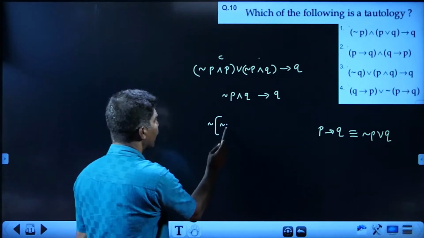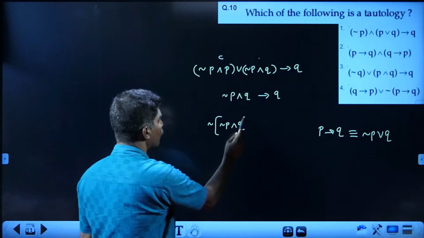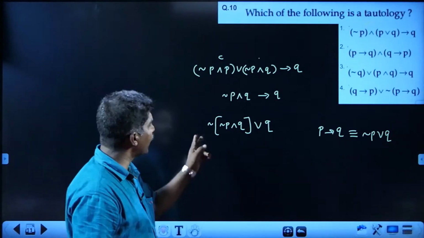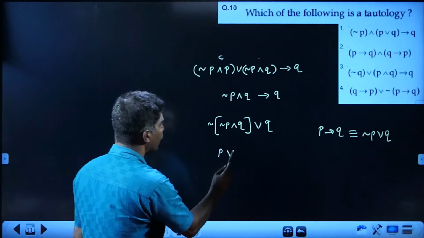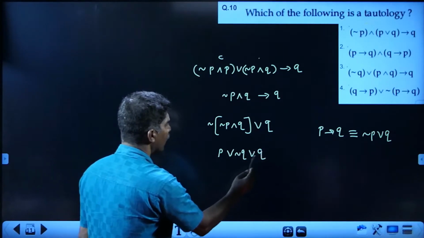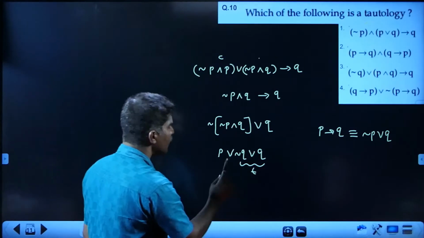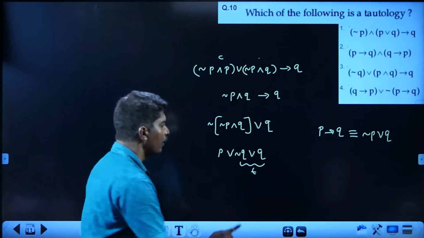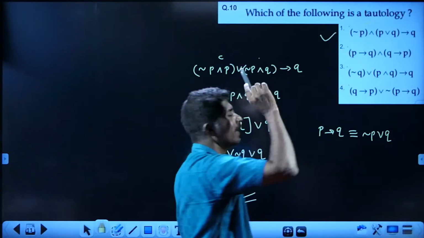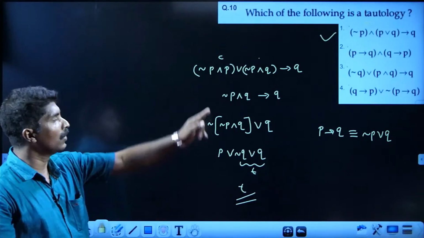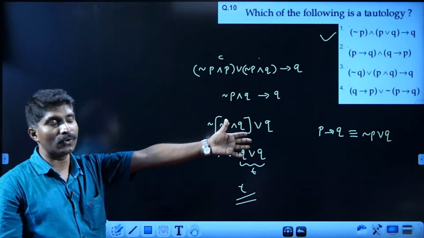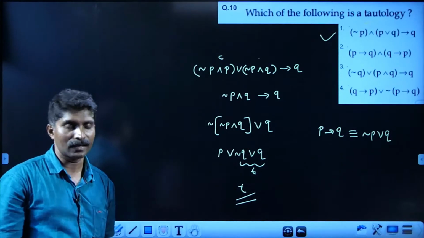Negation of negation P and Q, or Q. And negation of this one is again P and negation Q, or P or negation Q or Q. And negation Q or Q is a tautology, something related to tautology, that is always a tautology. So option 1 itself is a tautology. You can save time. You are lucky now if you are doing this problem, because if it is not satisfied, you have to check the second one, the third one, etc. Okay.